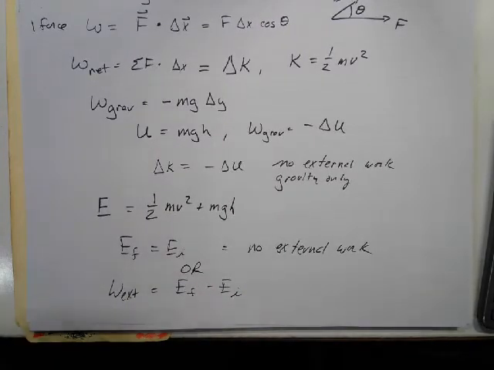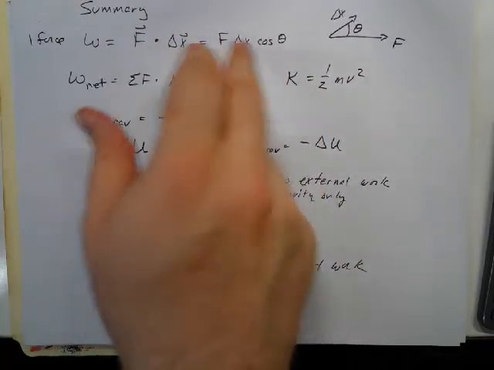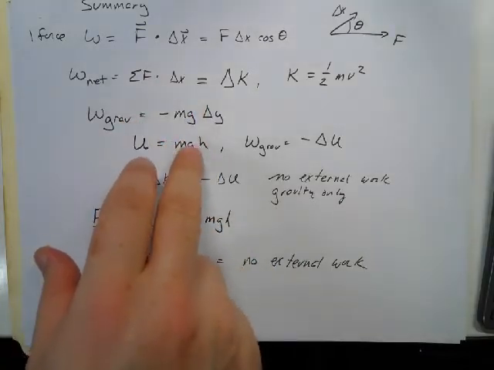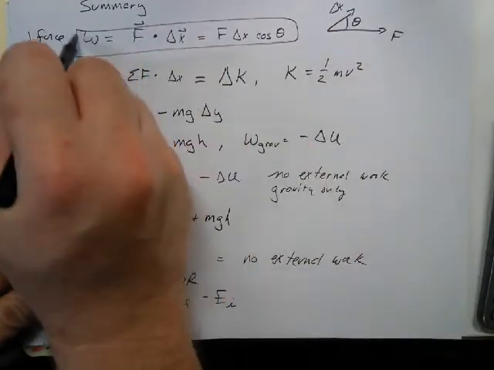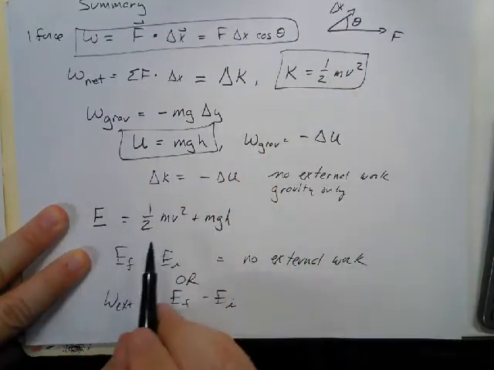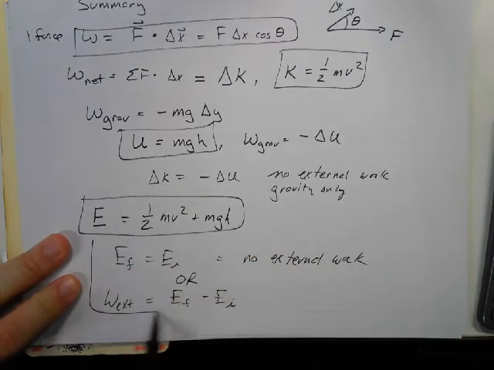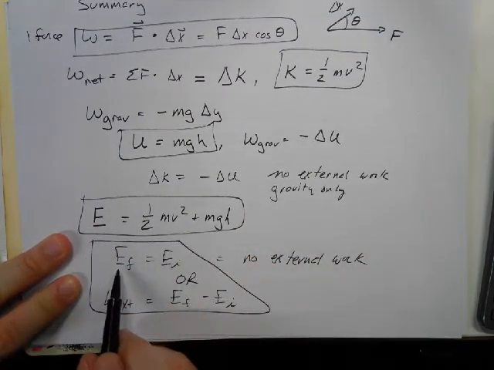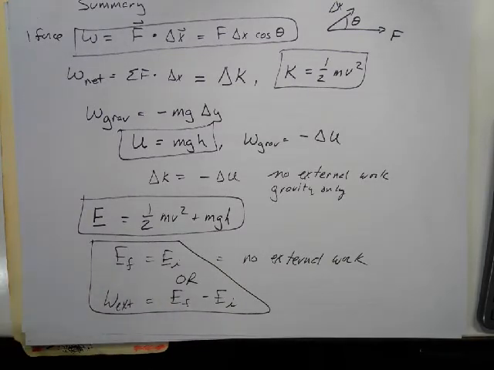So that summarizes everything. We start with work as a definition here, and we go through and define kinetic energy, define potential energy, define the mechanical energy, and either energy is conserved or you can identify an external force that does external work.